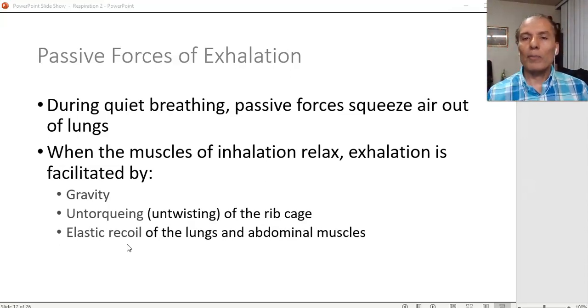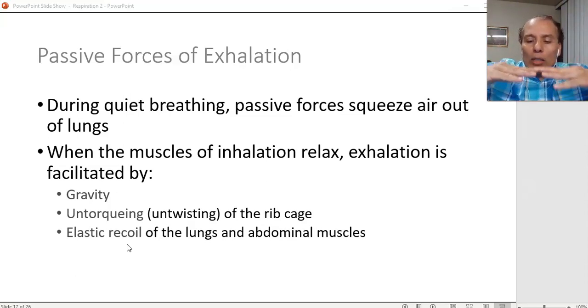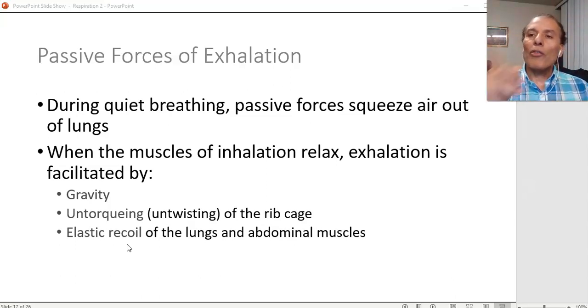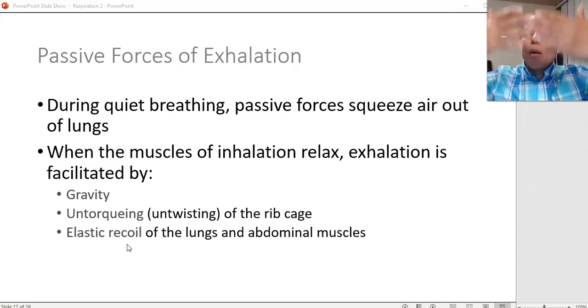Two, the diaphragm in inhalation contracts to go down, so it is distorted and flattened. When it relaxes, it needs to go upward again. Naturally, it wants to go back to its position, and the reason it is able to is elastic recoil. The third thing that elastic recoil acts upon are the abdominal muscles.